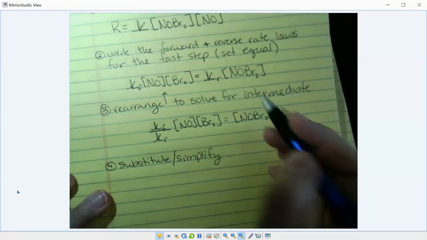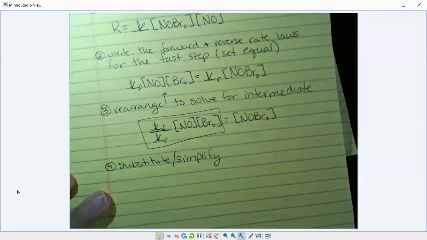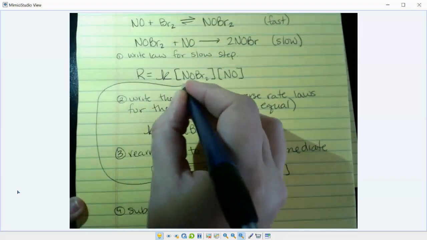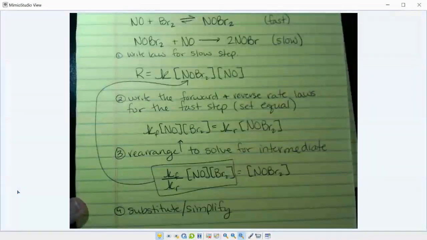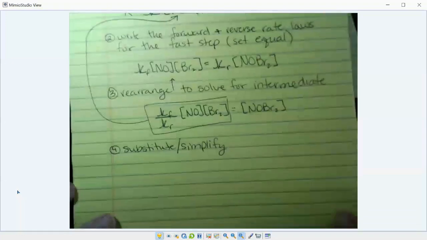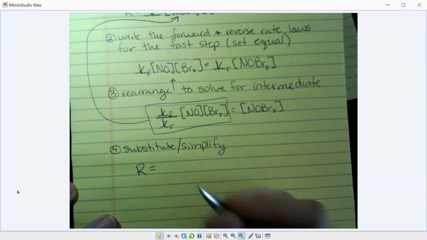So when I say substitute, I'm going to take this entire term and I'm going to substitute it into my rate law for my rate determining step where that NOBR2 is. So I'm going to put all of this plugged in right there. I'm going to rewrite it. So I have R, and again, I'm going to gather all of my K's together.